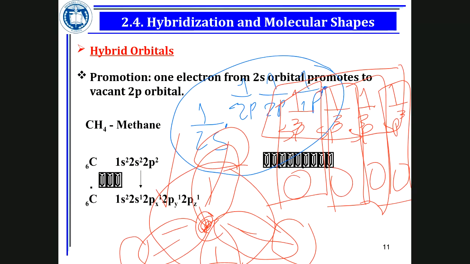Now, if we have 4 hybrid orbitals, that is the case for sp3 of the carbon. If we have 4 hybrid orbitals, they are trying to line up, each perpendicular to one another, and this angle is going to be 90 degrees. These are not feeling comfortable.